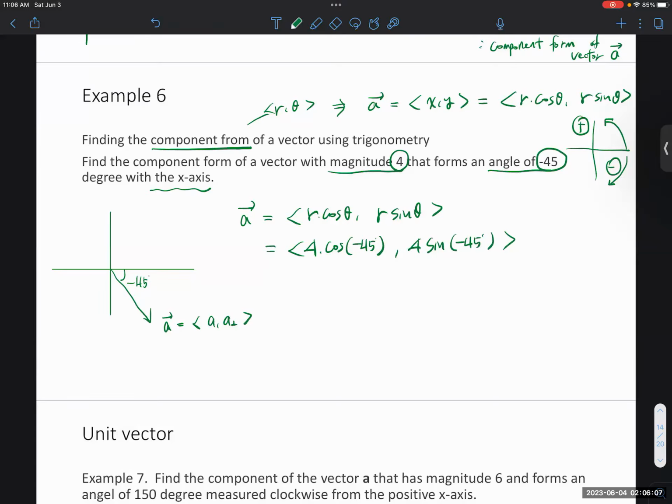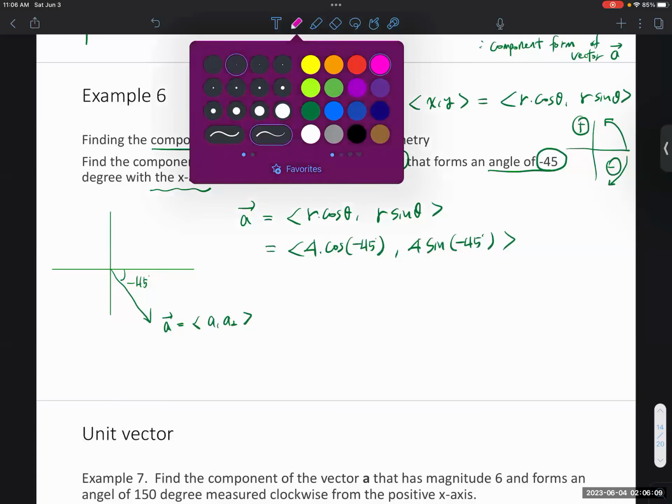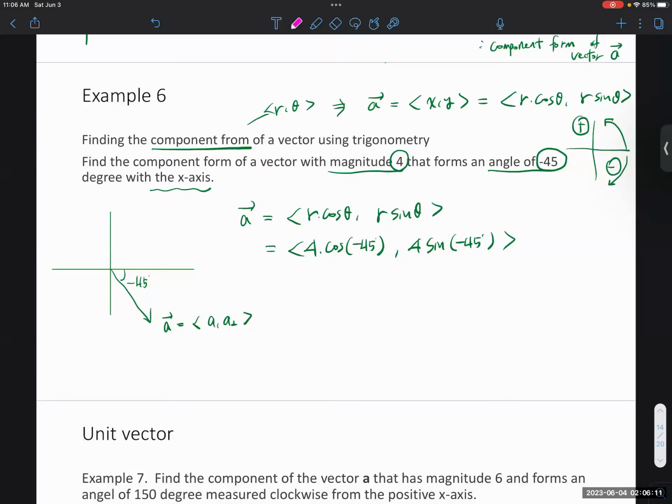Just be aware, in the 4 different quadrants: in the first quadrant, all trigonometric functions are positive. Do you remember All Students Take Calculus? Second quadrant, only sine is positive. Third quadrant, only tangent is positive. Quadrant 4, only cosine is positive.